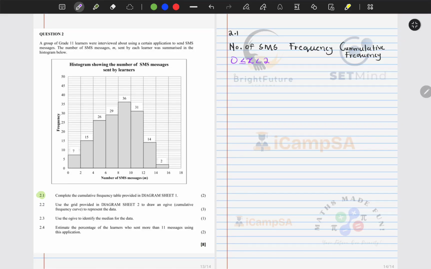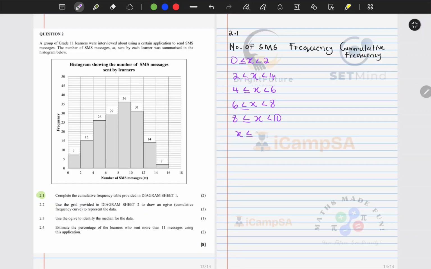Then x is bigger than 2 but less than 4. Then x is greater than 4 but less than 6. Then x is greater than 6 but less than 8. Then x is greater than 8 but less than 10.